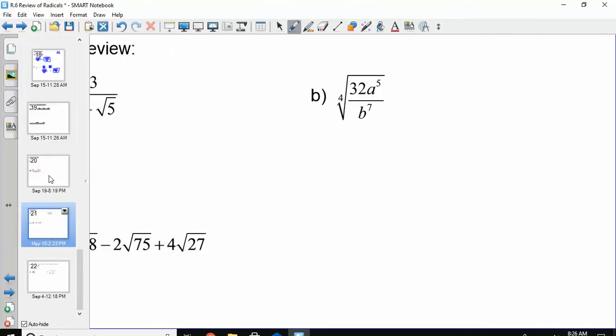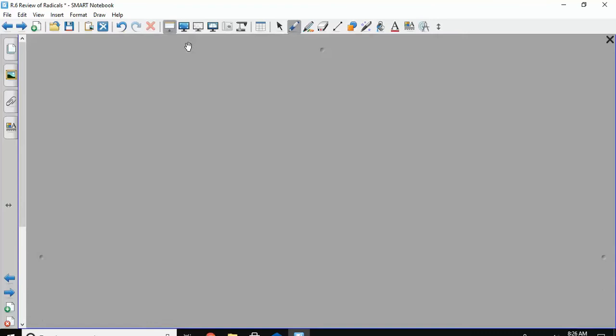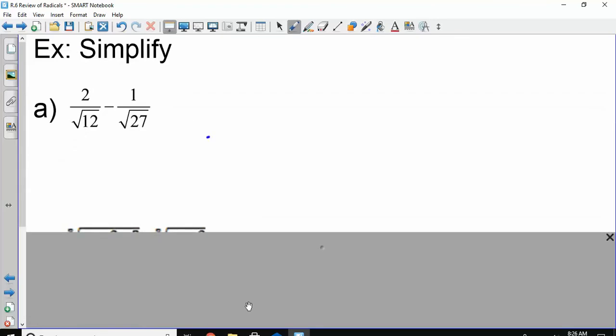Let's do this one. If I asked you to simplify this, let's start by breaking down these radicals.